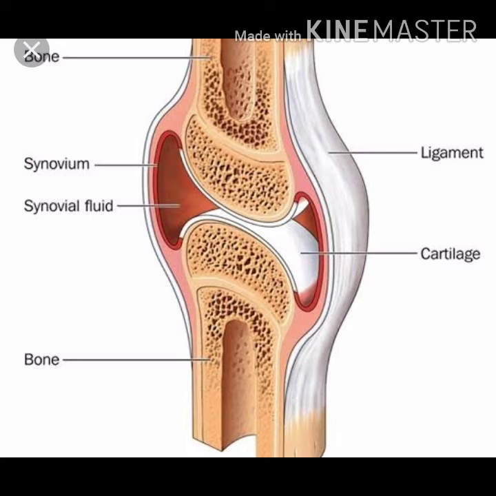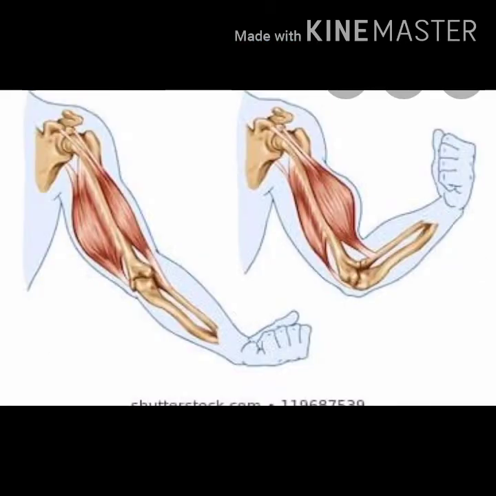The skeleton is not only for giving framework, but it is for movement also. By the combined action of skeleton and muscles, we are able to move our different body parts. Almost all bones are enclosed by muscles.